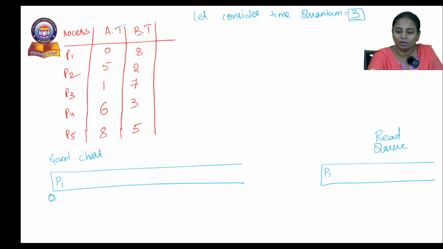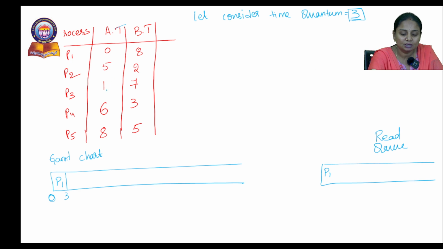As the time quantum is 3, P1 has a burst time of 8, but the OS allows P1 to utilize only up to 3 units of time according to the time quantum. After P1 utilizes 3, next we have to check whether any other processes are available in the ready queue at time 3.